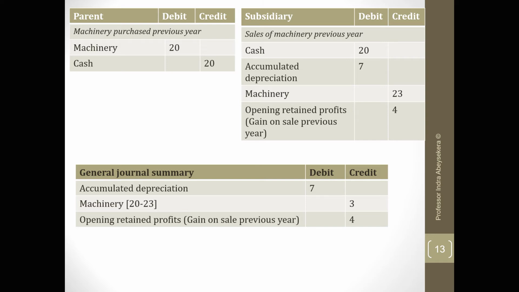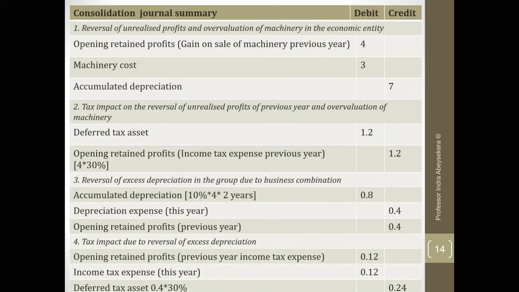So we start with that. Debit opening retained profit 4, credit machinery costs, debit machinery costs 3, credit accumulated depreciation 7. 3 and 7, the difference is 4. We decrease the carrying value of the asset by 4 because of overvaluation.